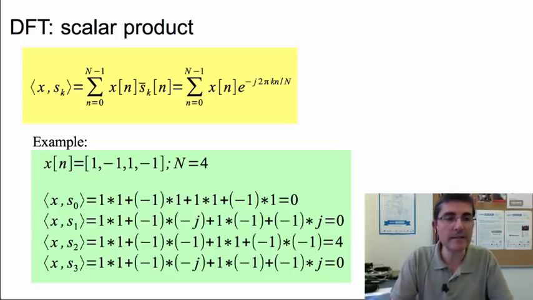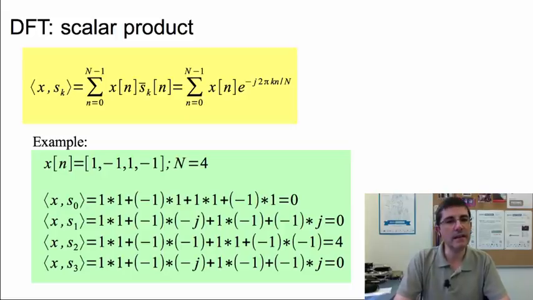And then by S sub 3 again it is equal to 0. So that means that we have computed the DFT of x of n, and we have obtained that it is equal to 4 for k equal to 2 and equal to 0 for the rest, meaning that we have the presence of the frequency k equal to 2.